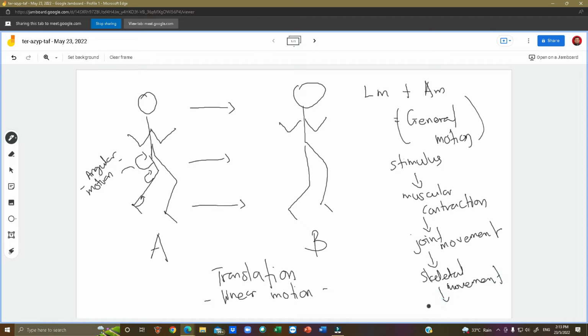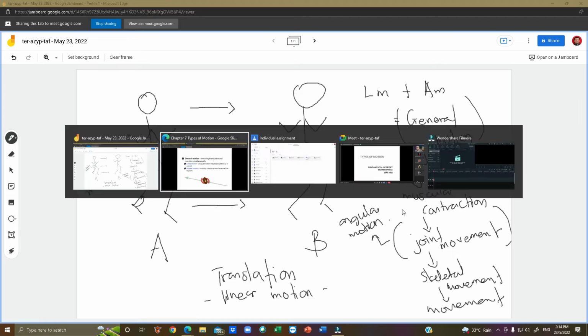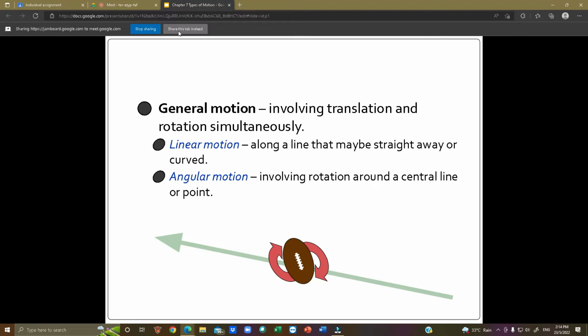And finally, barulah kita akan nampak total body movement. So this part, we cannot neglect this one. And this part involve purely in terms of angular motion. Jadi tak cakap macam mana pun, human motion is an example of general, because it involve both linear dengan angular. Okay, kita kembali kepada sini. Alright.